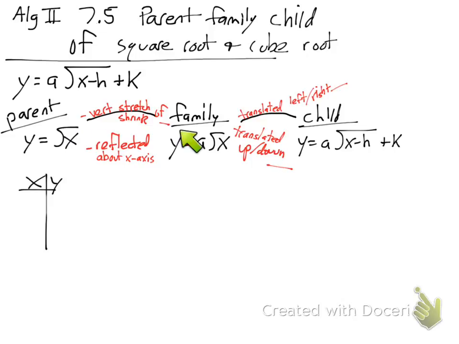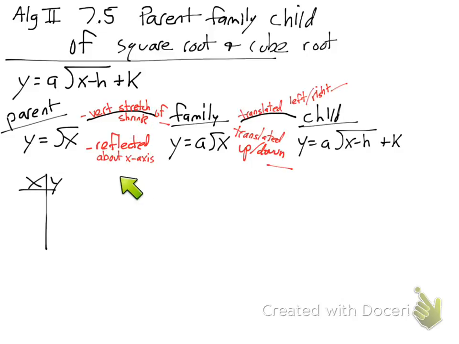And if I multiply it to the square root graph, it's going to get taller or it's going to get shorter. And so if I make it taller, it's going to be a vertical stretch of whatever a is. So if a is 2, it's going to be 2 times taller than the parent was. If it's a half, then it's going to be a shrink of a half. It's going to shrink down by that factor of a half.